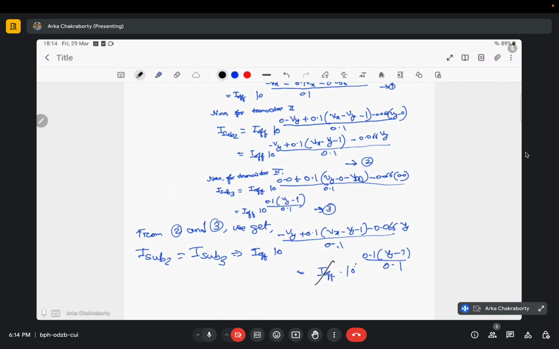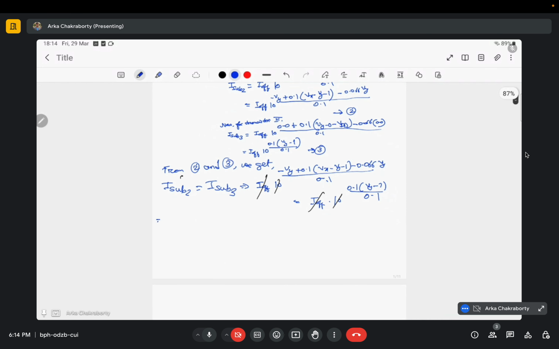So this will cancel each other. So what I'll get is minus Vy plus 0.1 Vx minus Vy minus 0.066 Vy will be equal to 0.1 Vy minus 0.1.